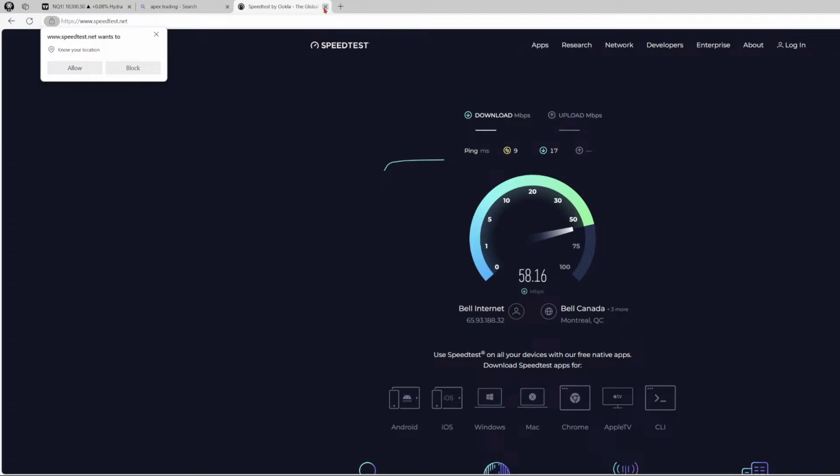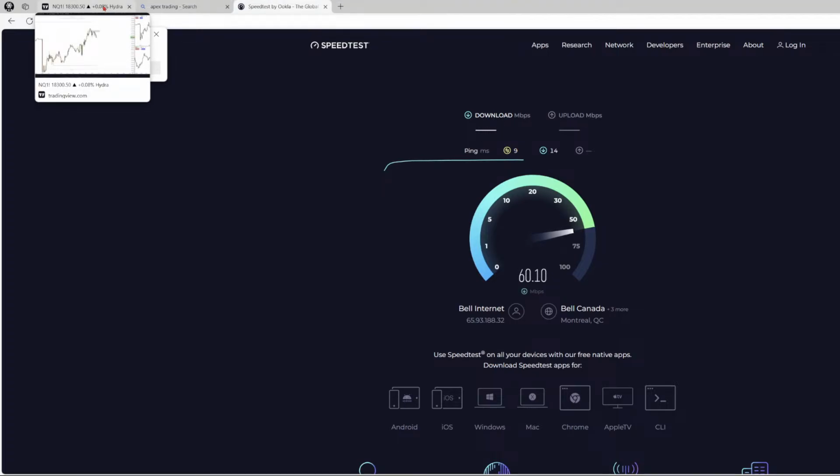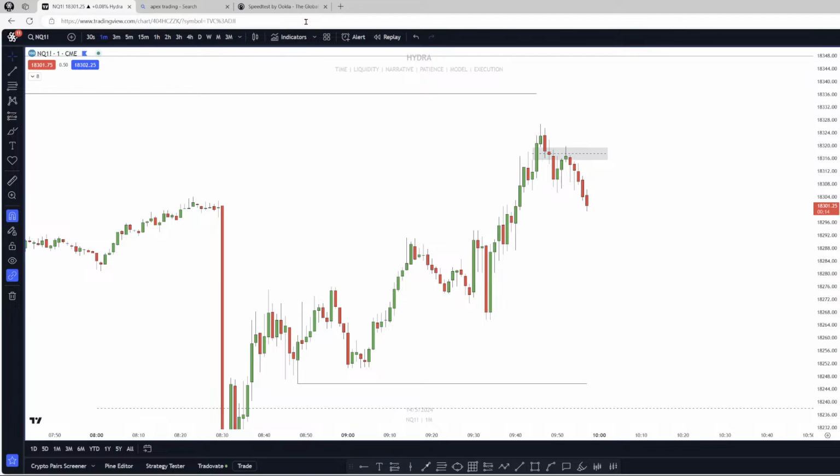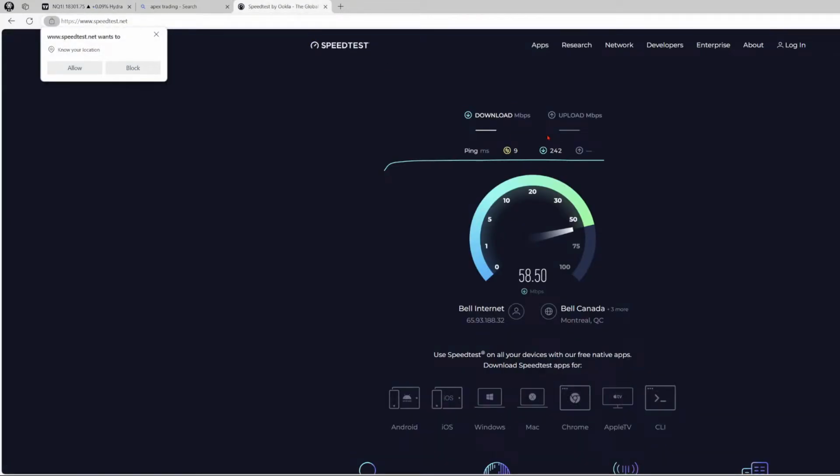Damn, it's so low. So I think it's because of my internet. Usually I get like 500 megabits of download speed. Today it is so low. Upload speed of 5 megabytes. What the hell is happening?